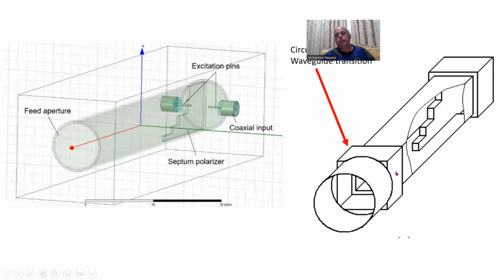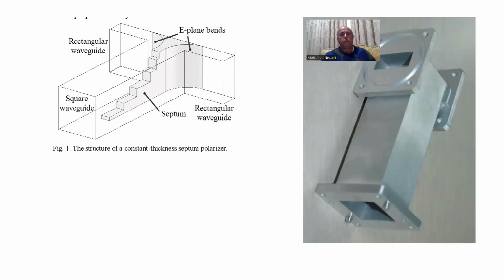It is a device that introduces just a little bit of disturbance to the E field, and you can search online in the literature and just type circular to square transformer piece, and you'll see a lot of that.